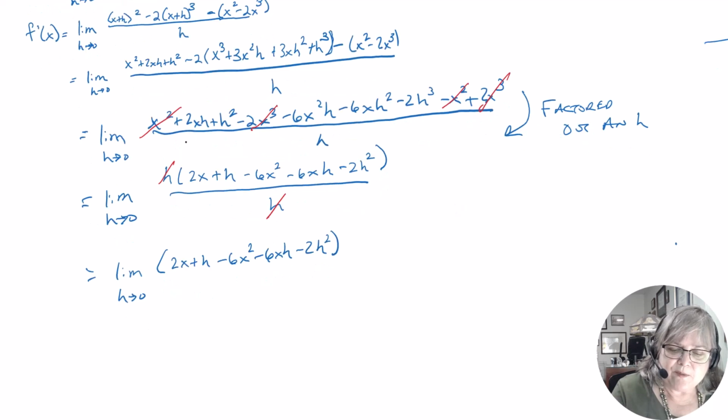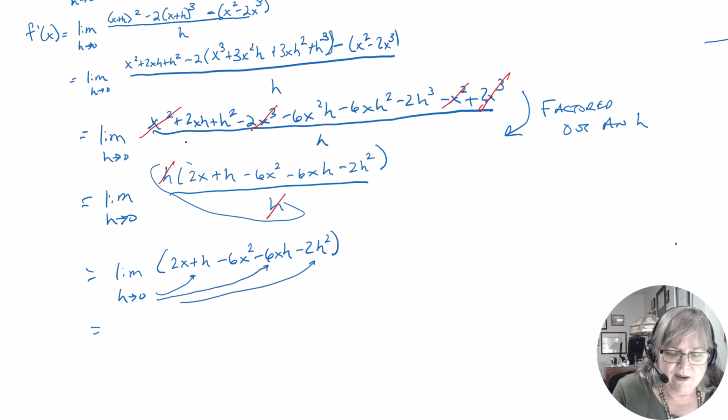And that h that was in the denominator, that kept me from substituting in h is 0, is now canceled out. So I can put h is 0 in all of these locations. And I would have 2x plus 0 minus 6x squared minus 6x times 0 minus 2 times 0 squared.